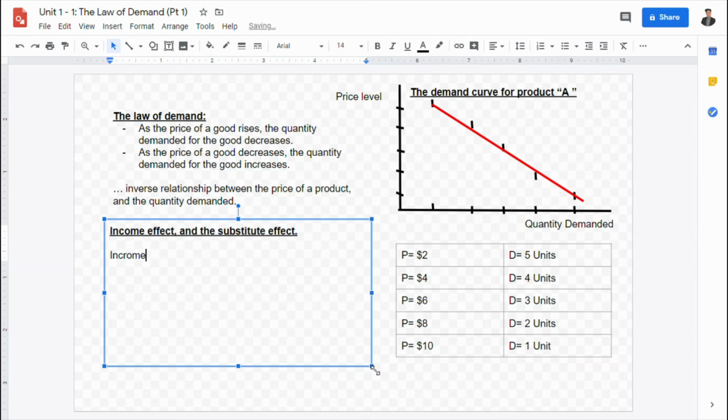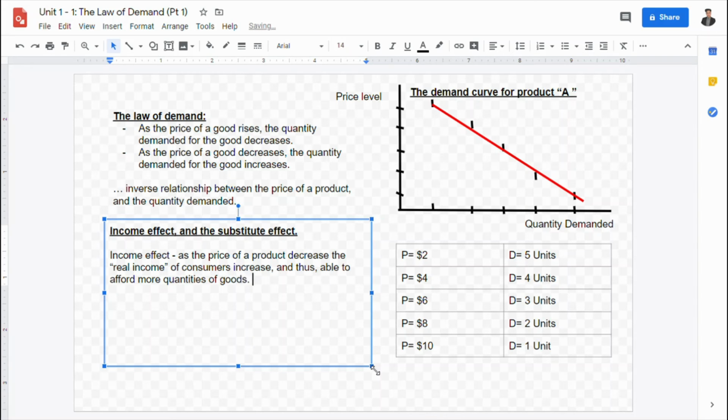Firstly, what is the income effect? The income effect states that as the price of a product decreases, the real income of consumers increases, and they are thus able to afford more quantities of goods.